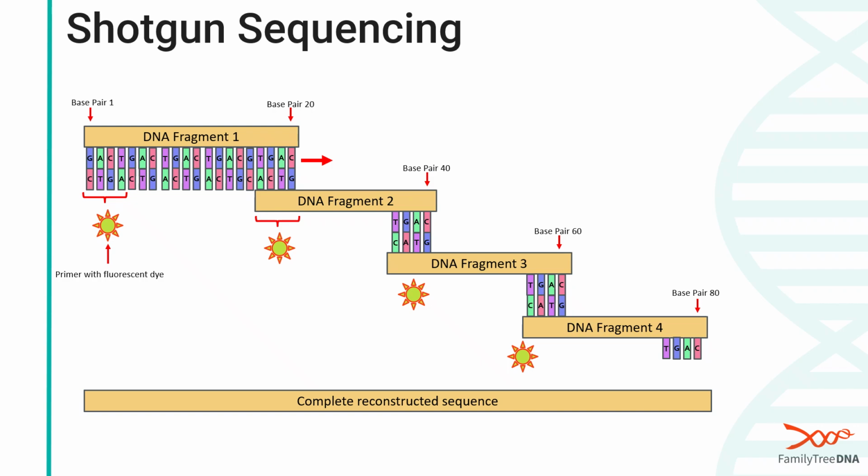But with a test like the Big Y, obviously it's going to need many of these. And each test is going to require its own processing time with its own gel layer, its own sequencing time, all that sort of thing. So if you're talking about an area that's millions and millions of base pairs long, it's not feasible to use Sanger sequencing for that.